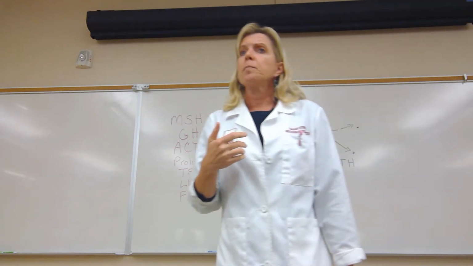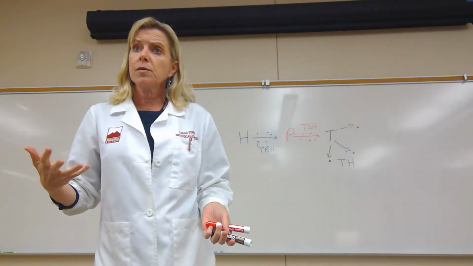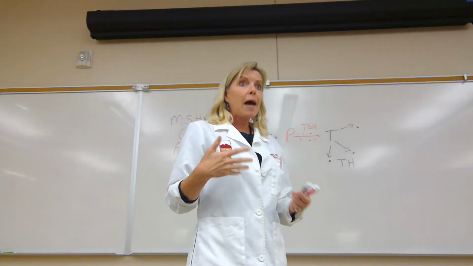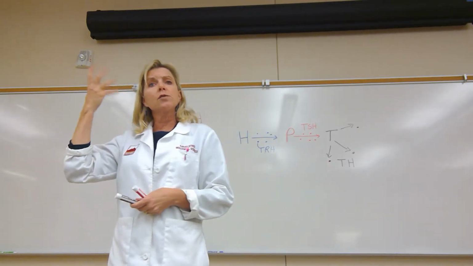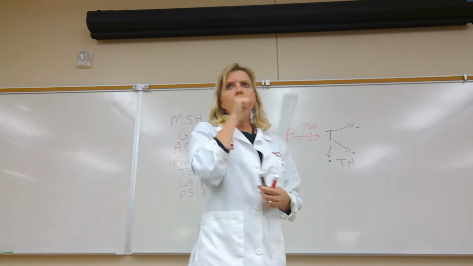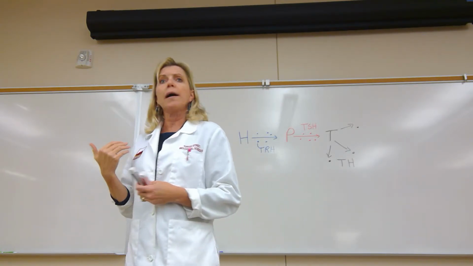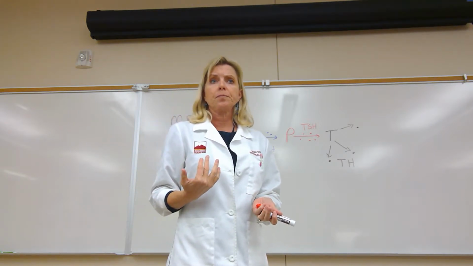It increases your metabolic processes, so you start to metabolize more. In the brain, it stimulates neuronal function. It also can increase your body temperature, just to name a few things that it does.